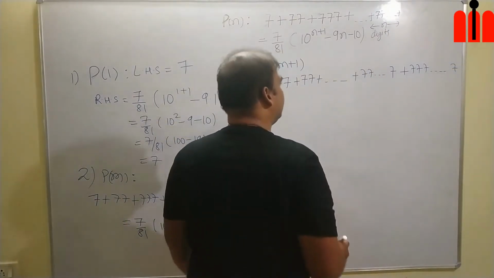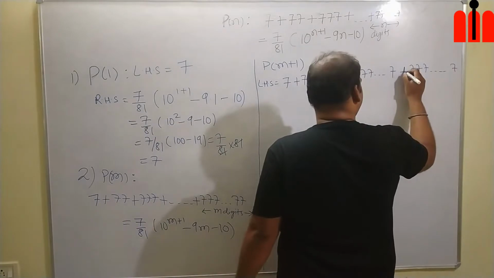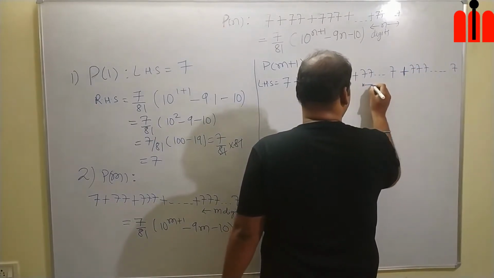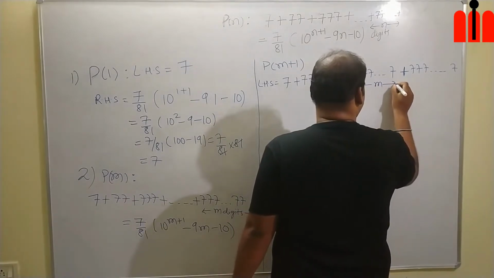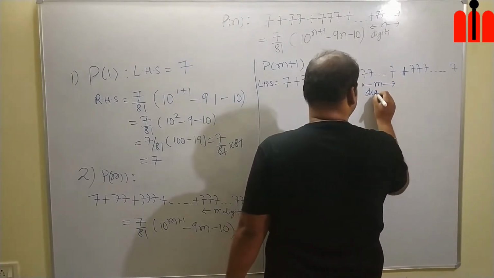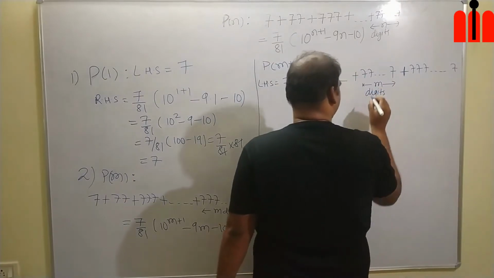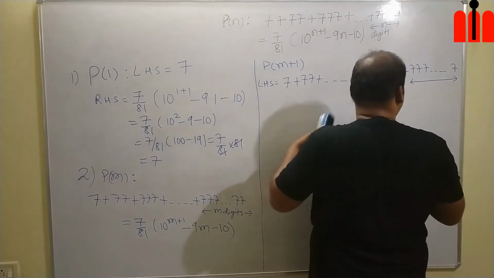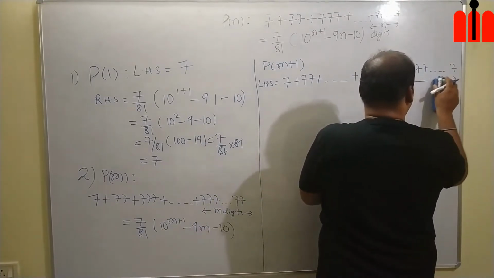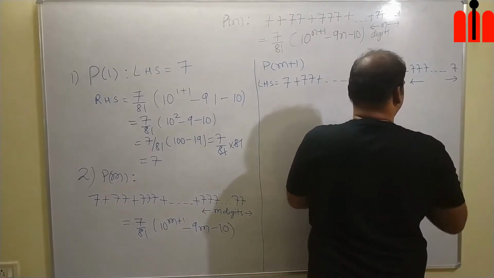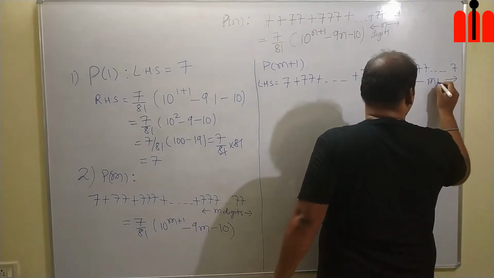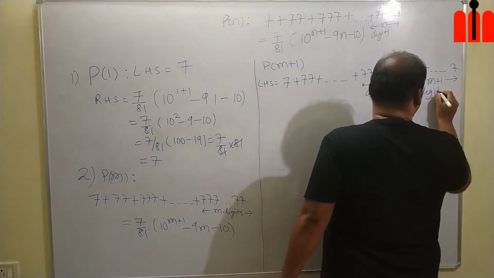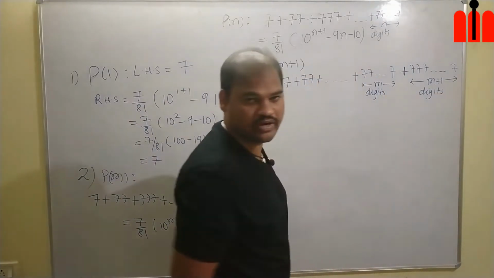Why have I written two terms over here? To show that this has m digits, and this has m plus 1 digits.